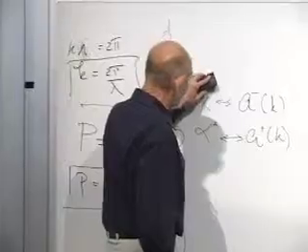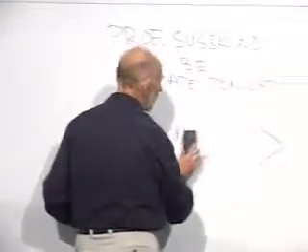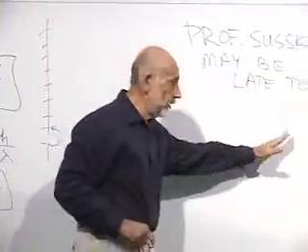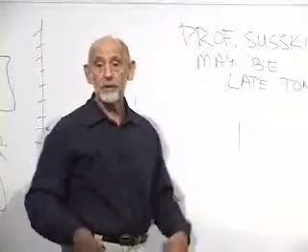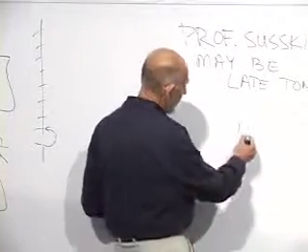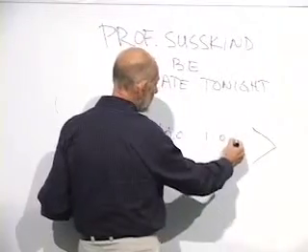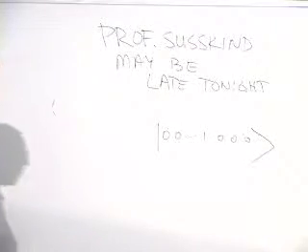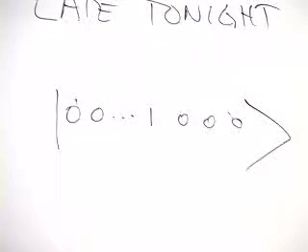We might start with a state with one particle. Where shall I put that particle in here? Whatever the momentum of the particle happens to be. If the particle happens to have momentum k7, then I will make it 0, 0, go to the 7th place and put a 1 there, and then 0, 0, 0. That's supposed to be the 7th place. So this describes a state with one particle of momentum k7, whatever k7 happens to be.